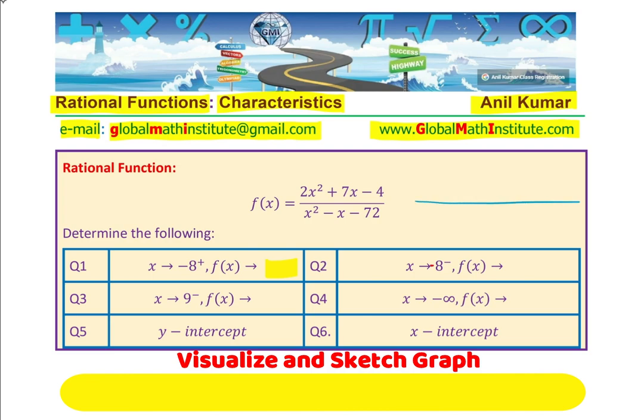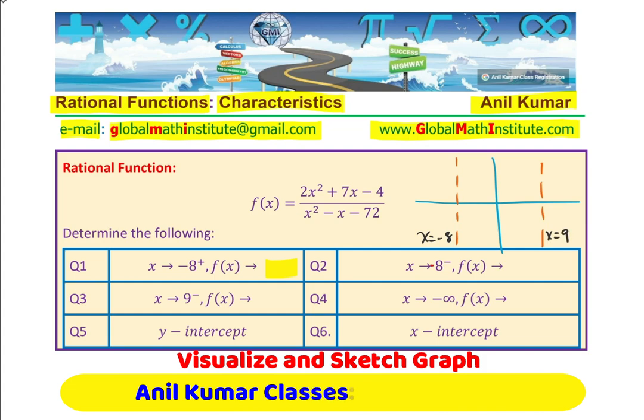So once again, the rational function will have two vertical asymptotes, one at -8, the other one at 9. We found that when you are approaching -8 from the right hand side, you are approaching -infinity. From the left hand side, you are approaching positive infinity, right?